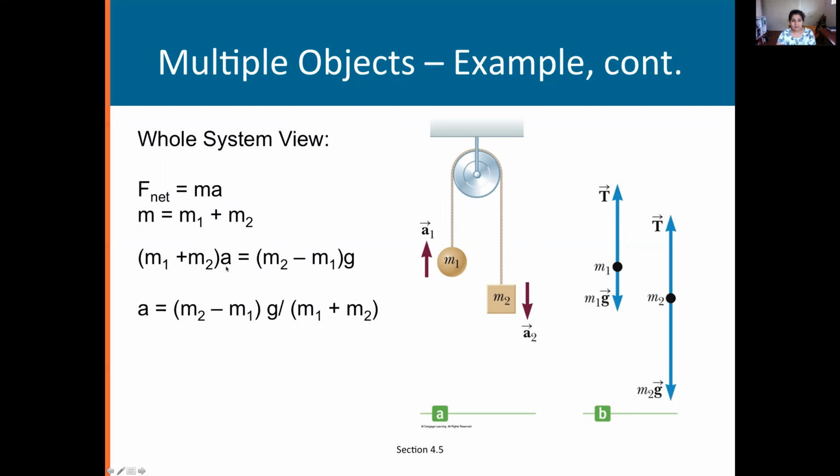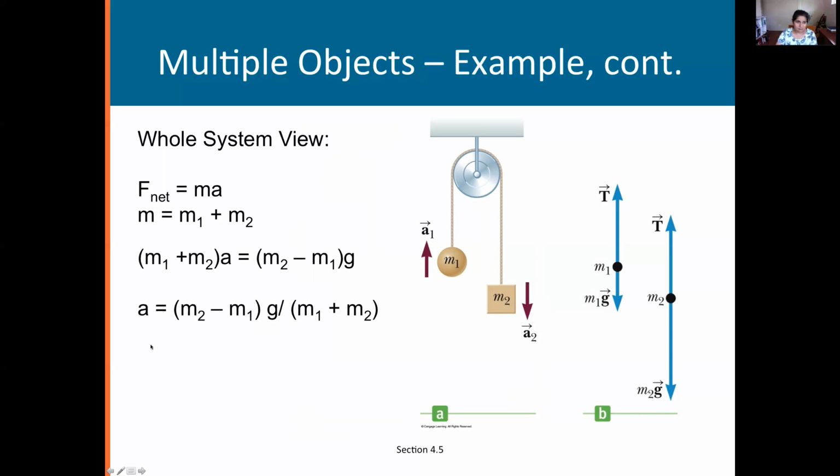If I solve for this acceleration, I get M2 minus M1 times g in the numerator, all divided by M1 plus M2. So effectively, this numerator is my F net. This is my total mass.